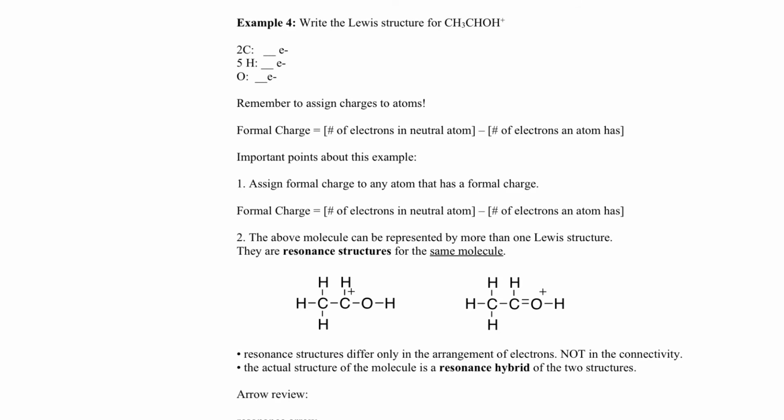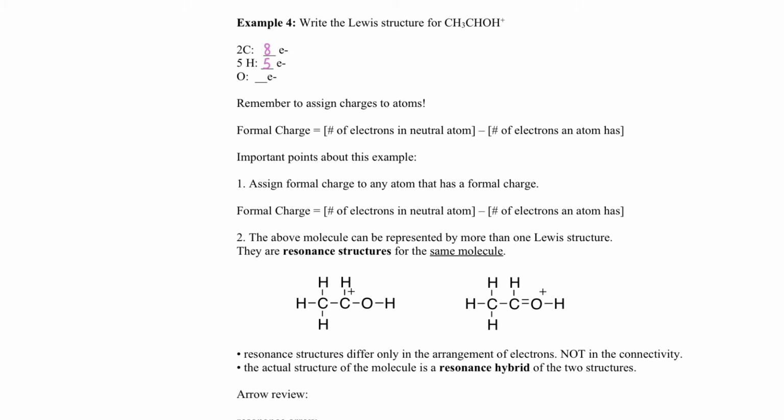Let's look at example 4, where we have a positively charged molecule, CH3CHOH+. So we can do this using the GenChem method, right? You can try this on your own time. If you have 2 carbons, that's going to be 8 valence electrons. 5 hydrogens is 5 valence electrons.